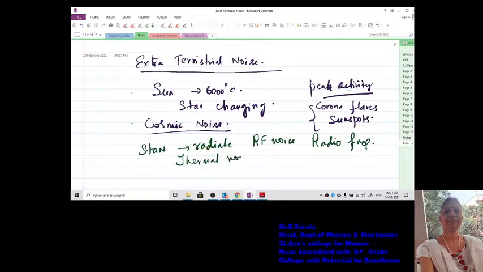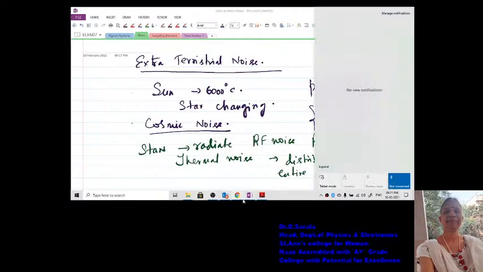The noise produced by them is called thermal noise, and it is distributed over the entire sky.